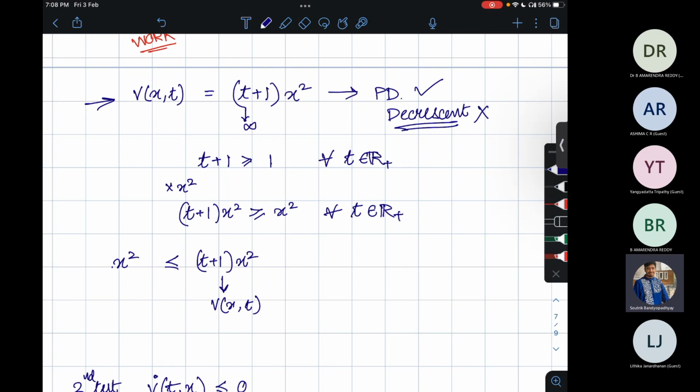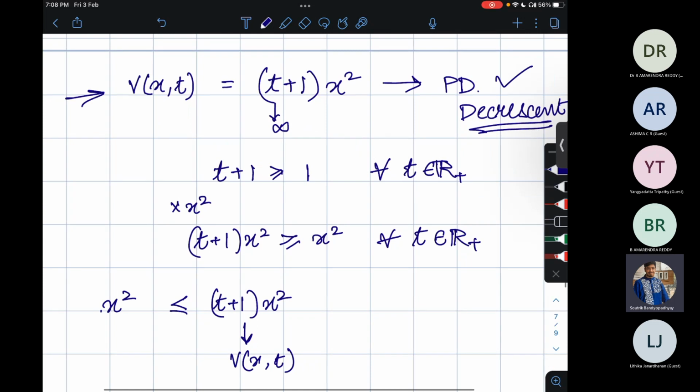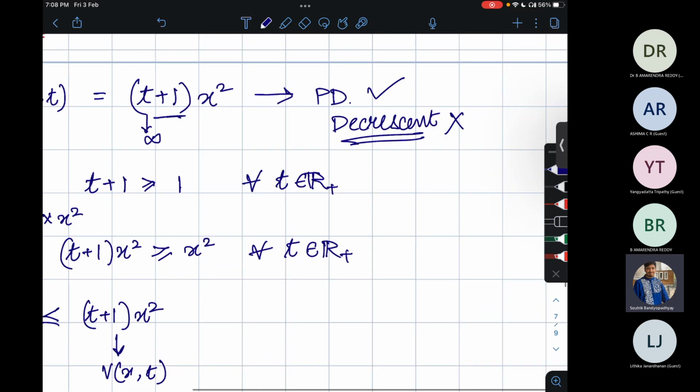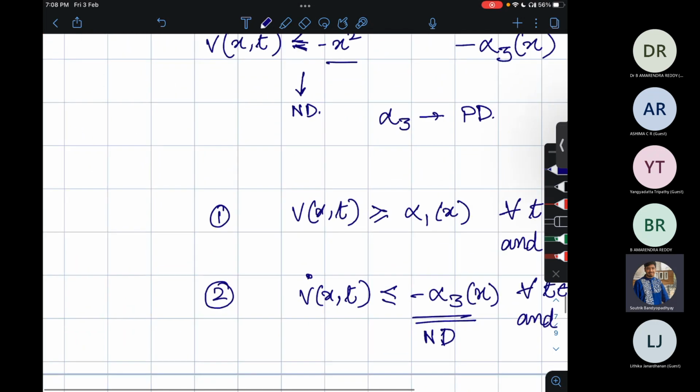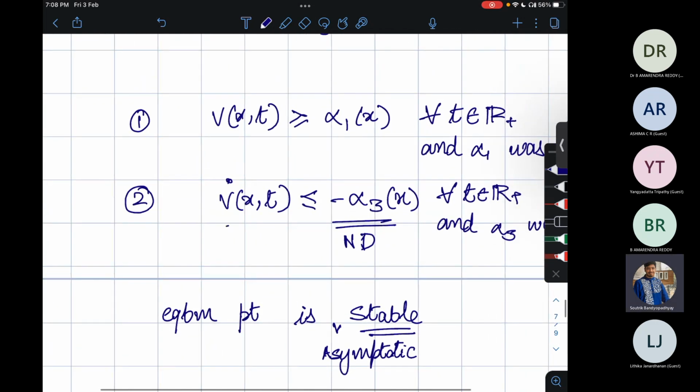But you can't say that it is uniform stable. To show a uniform stability, you had to construct a candidate Lyapunov function which was decrescent, and this condition was satisfied that V dot is less than some negative definite function.